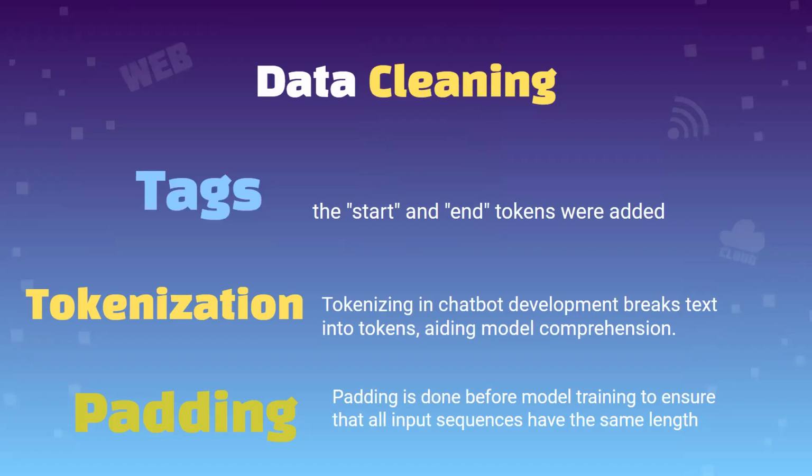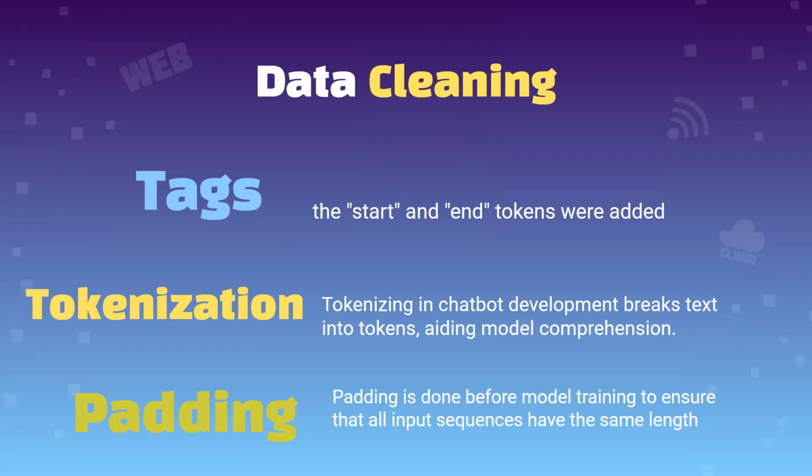Since our input and output data is text data, a lot of cleaning process is involved in it. First, we did tagging where we added start and end tokens to answers. This ensures that the model learns to generate responses while considering the proper sequence boundaries. Then we did tokenization.